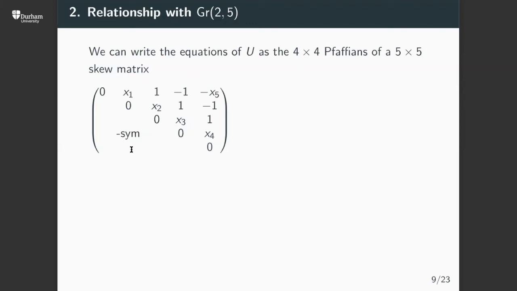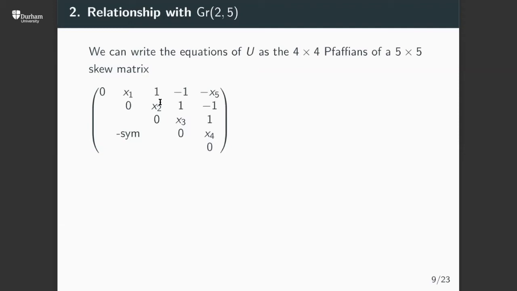This is a 5 by 5 skew-symmetric matrix, so obviously its determinant will be 0. But if I look at the principal 4 by 4 minors, there are 5 of them, and each of those has a Pfaffian. Those 5 Pfaffian equations are exactly the equations that define the surface. So I have a matrix here, and the Pfaffians of this matrix define my surface.